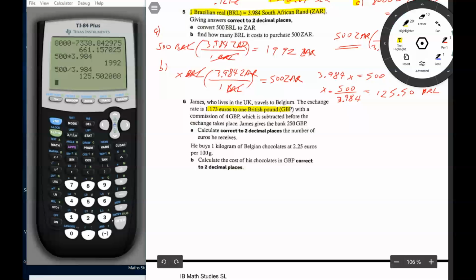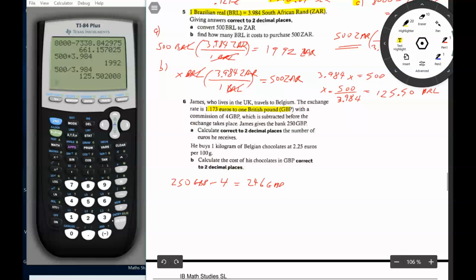Okay. So first thing he does is he gives 250 GBP. He's going to pay a commission of 4 before the exchange takes place. So he starts out with 250 and he subtracts out 4 and he gets 246 GBP to start with.